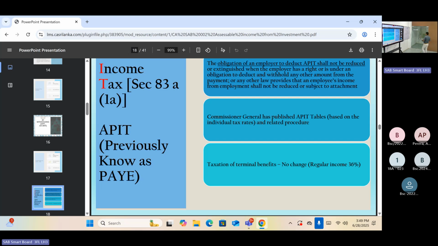So that could be a cash benefit or non-cash benefit. Cash benefit, what type of things are you getting?